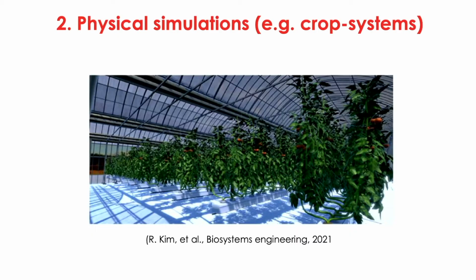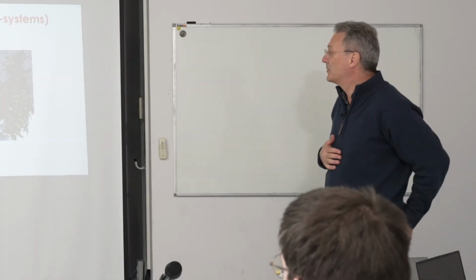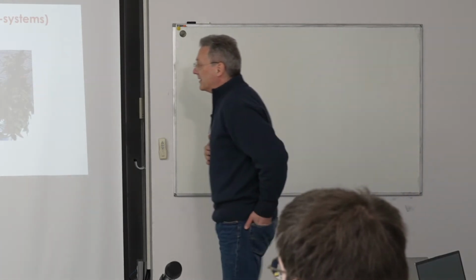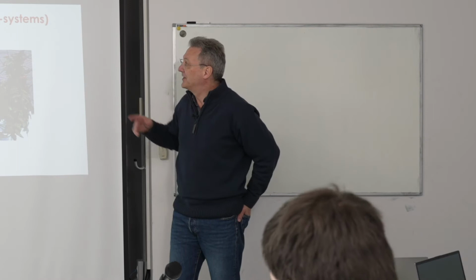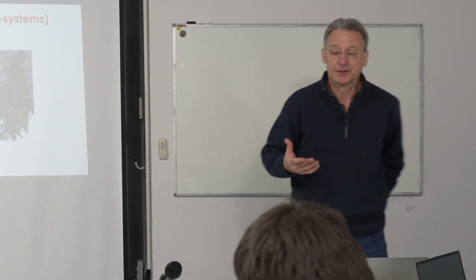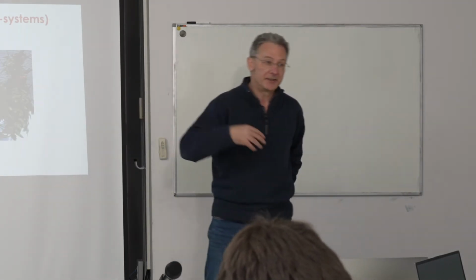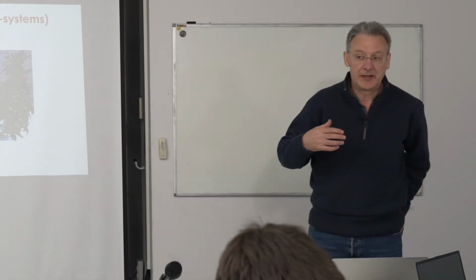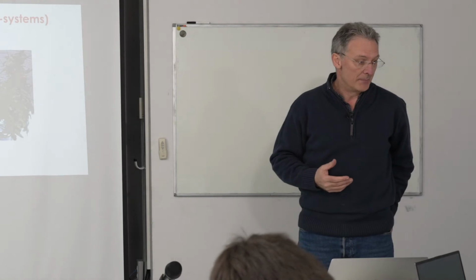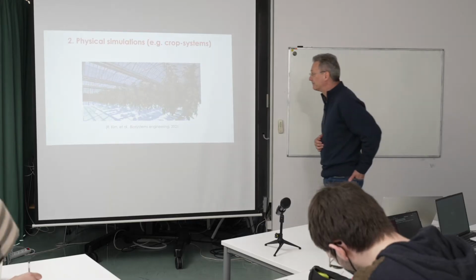There is a second reason why we would need to create virtual plants. This is the idea to study how plants interact with the physical world. So for instance, in a greenhouse, you may want to see how the light would interact with the plant in order to compute the overall light that is produced by the system, in order to better control the greenhouse, for instance, or this type of thing.